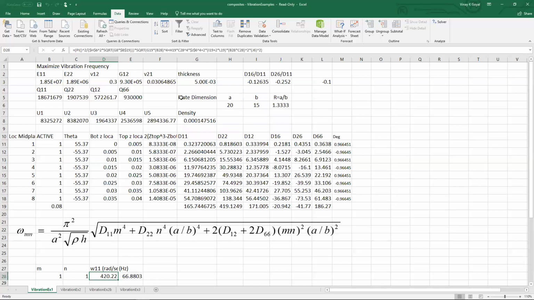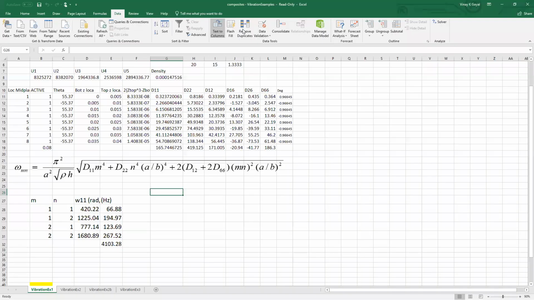Now, you could make this problem a little bit more advanced. We could also look at the situation where we want the other frequencies higher than the fundamental frequency. We can get those with 1 and 2, 2 and 1, and 2 and 2. Here are your frequencies.